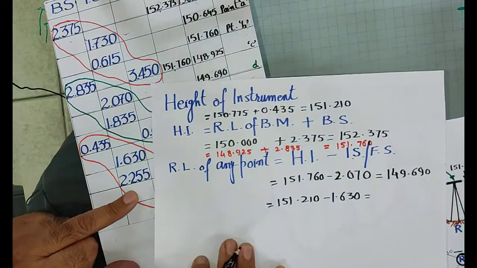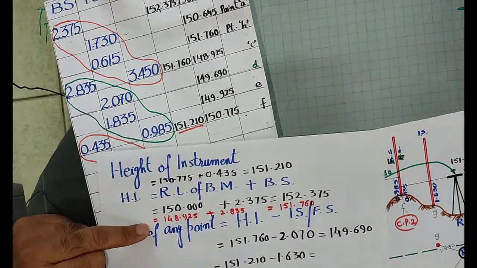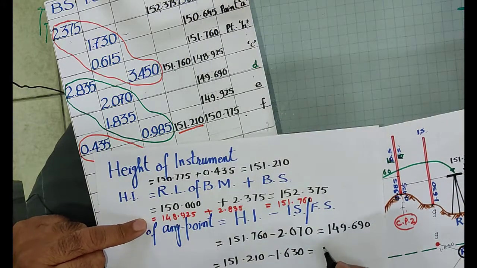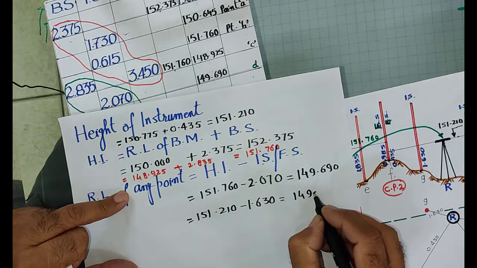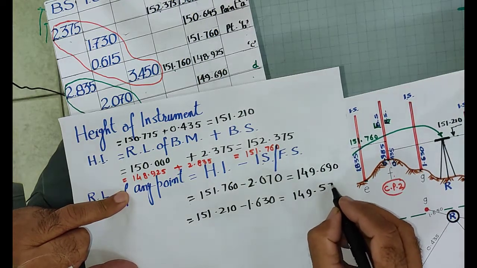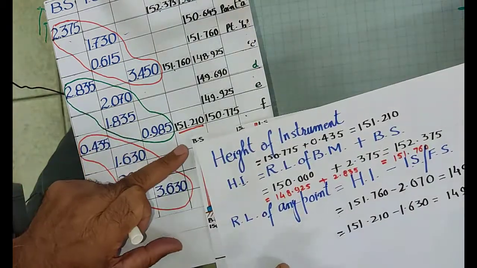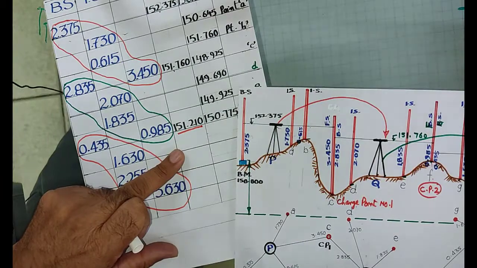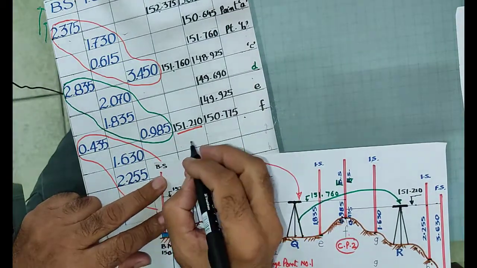This will give you the RL of point G. This comes to be 149.580. You can write down over here the RL of point G.